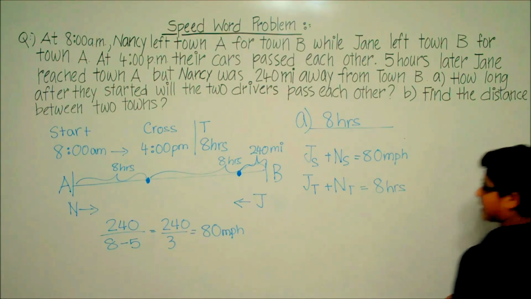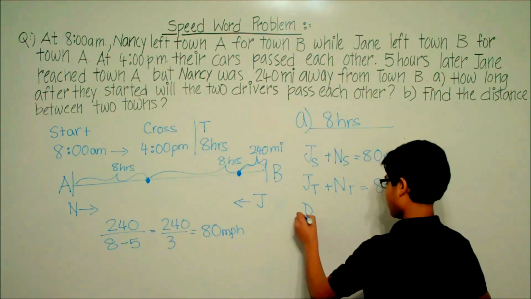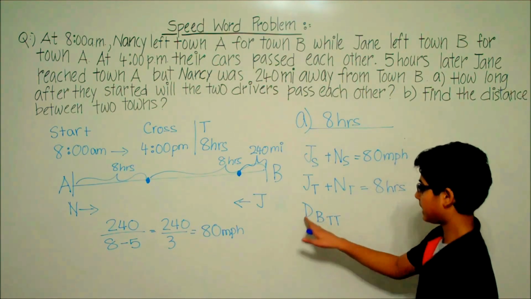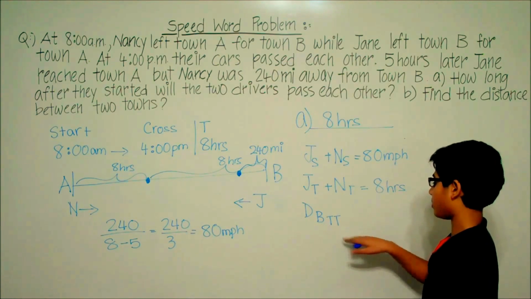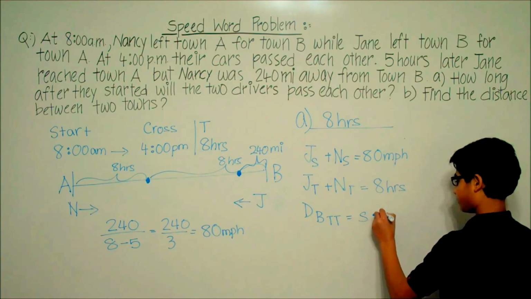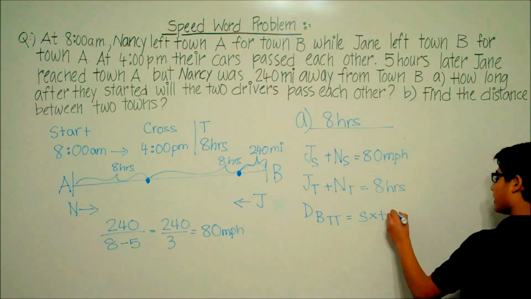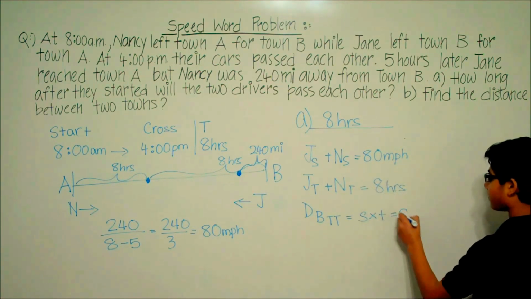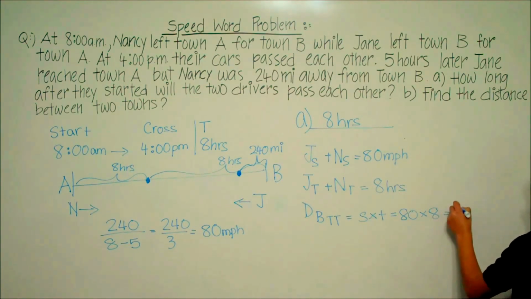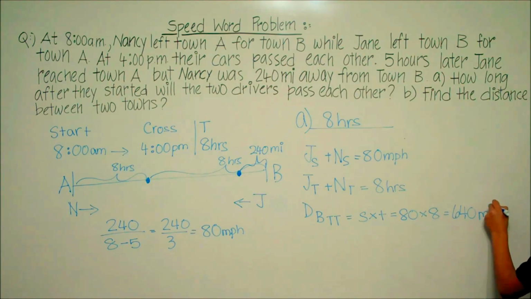Now we need to find the distance between the two towns. Now we know that the distance between two towns, D for distance, B for between, TT for two towns, is equal to the speed times the time, which is equal to the speed, 80 miles per hour, times the time, 8 hours, is equal to 640 miles.